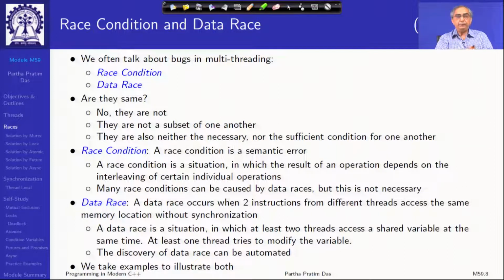A data race occurs when at least two instructions from different threads are trying to access the same memory location without synchronization, and at least one of them is trying to write it.